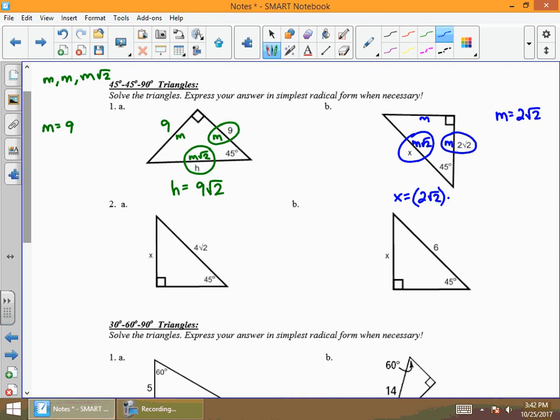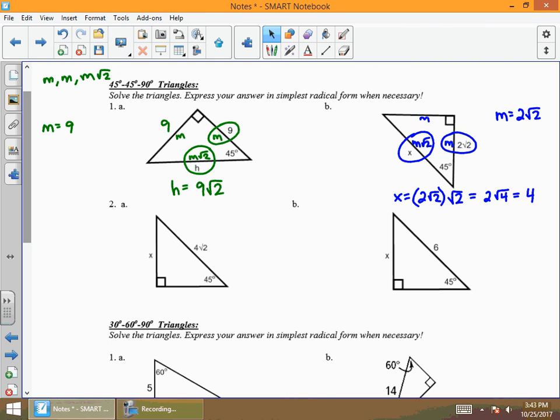That's m radical 2. Well, what is 2 radical 2 times radical 2? That's the same as saying 2 radical 4. And radical 4 is 2, so 2 times 2, that's 4.